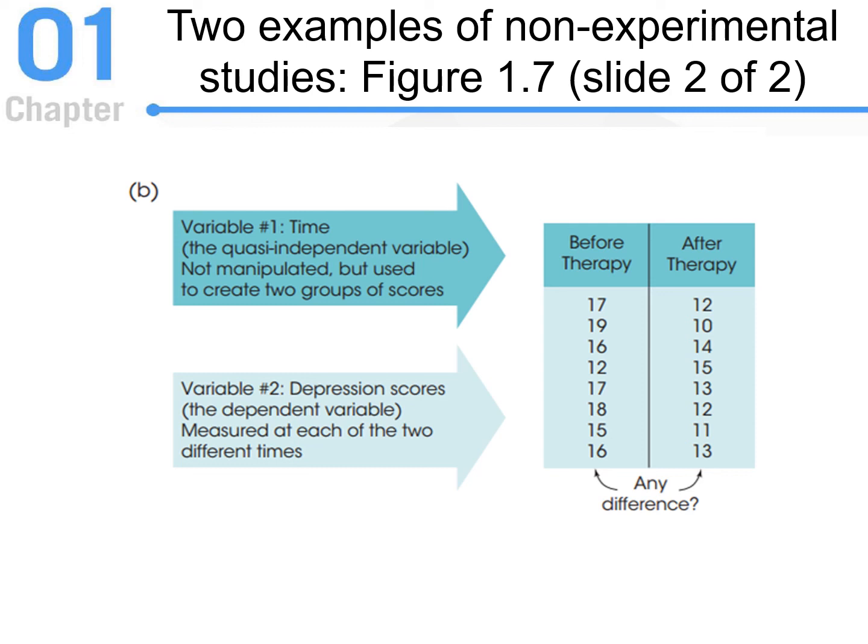The overall rule of thumb is the bigger the difference between the groups, the more likely it's due to the independent variable and not due to chance. The smaller the difference between groups, the more likely the difference is due to chance and not due to the independent variable or the treatment you're using. So if that difference is big enough, it's probably not chance, it's probably the therapy is working in this situation.